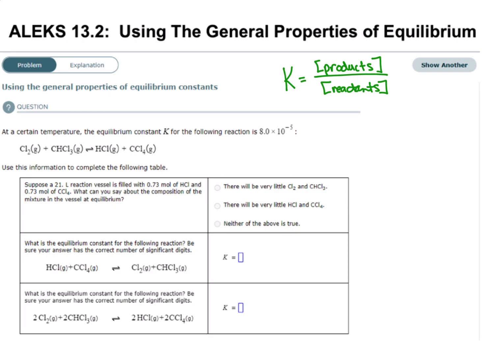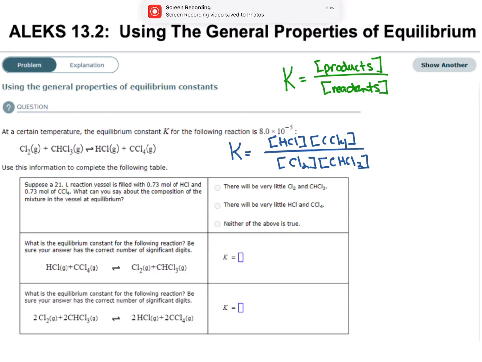So in this balanced equation, K would equal the concentration of the products raised to the power of its coefficients over the concentration of the reactants raised to the power of their coefficients. And they tell us that K is equal to 8.0 times 10 to the negative 5.